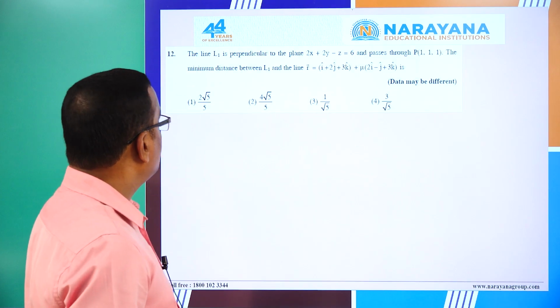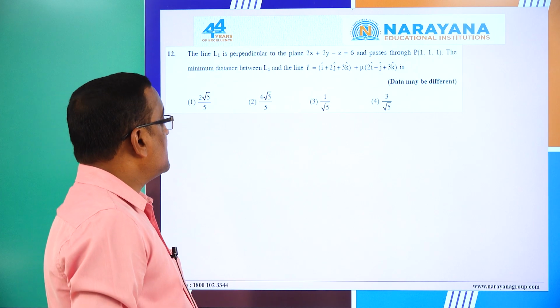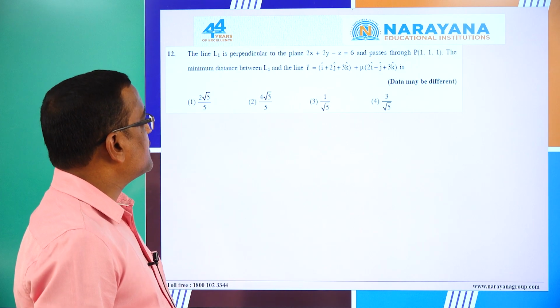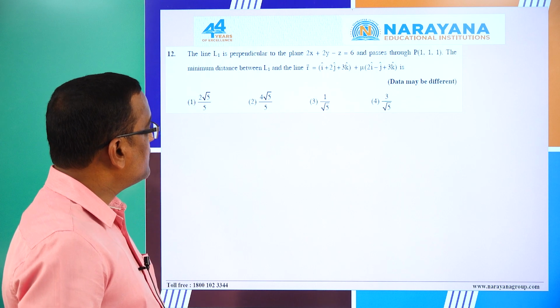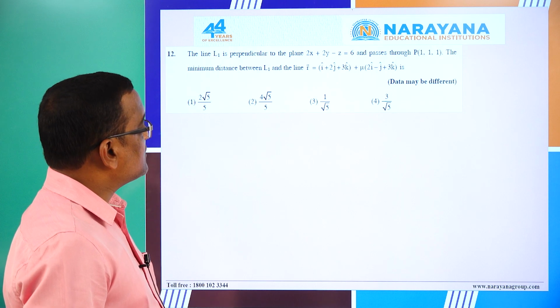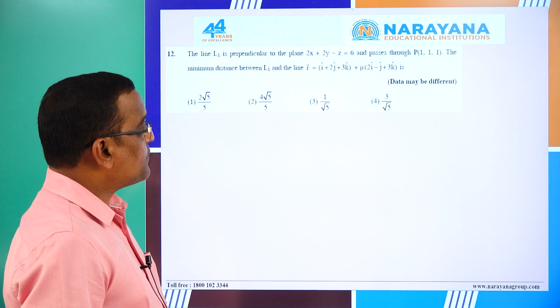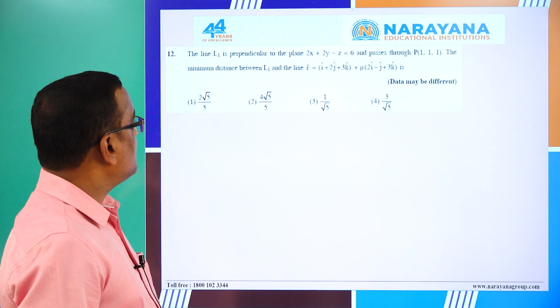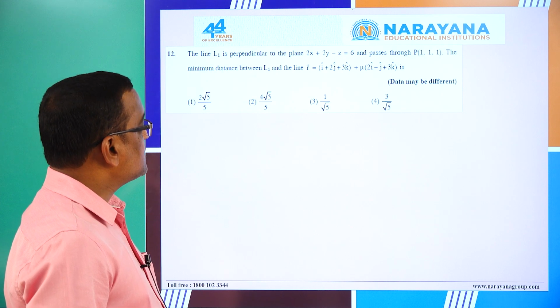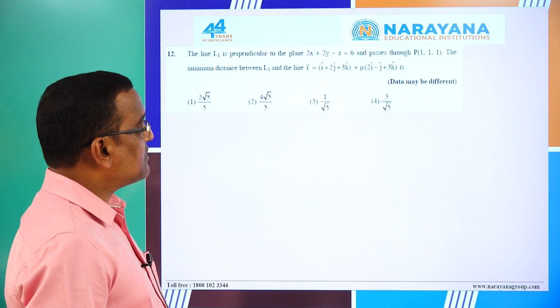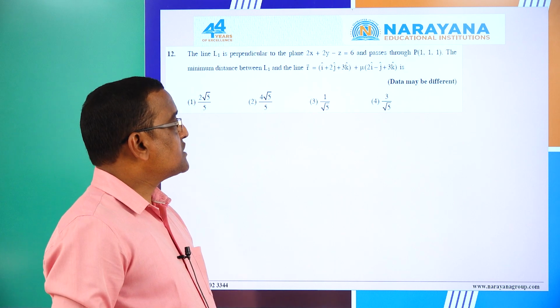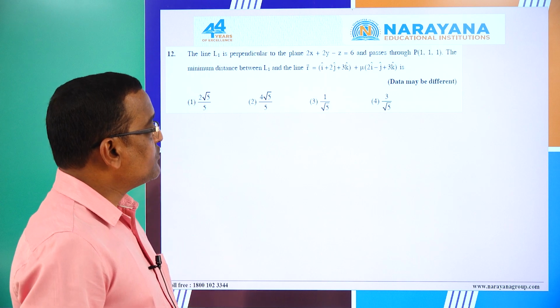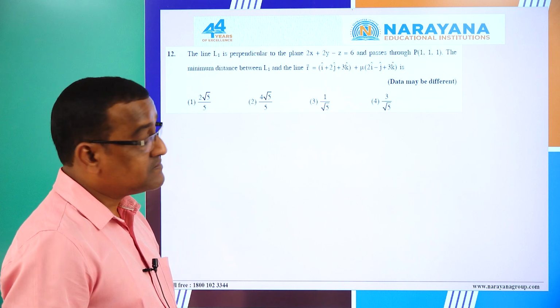Coming to the next: the line L1 is perpendicular to the plane 2x plus 2y minus z is equal to 6 and passes through P(1, 1, 1). The minimum distance between L1 and the line r bar is equal to i plus 2j plus 3k plus mu into 2i minus j plus 3k.